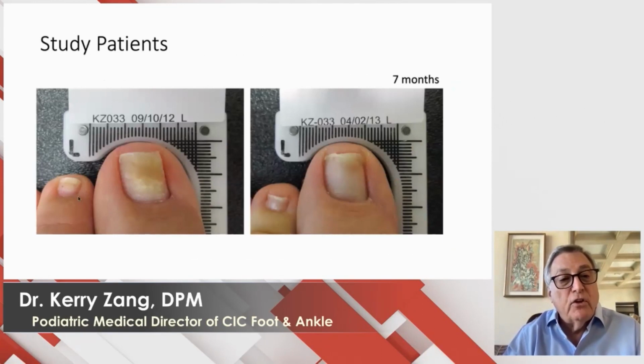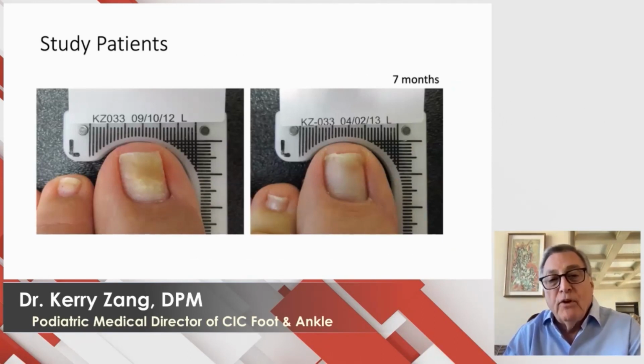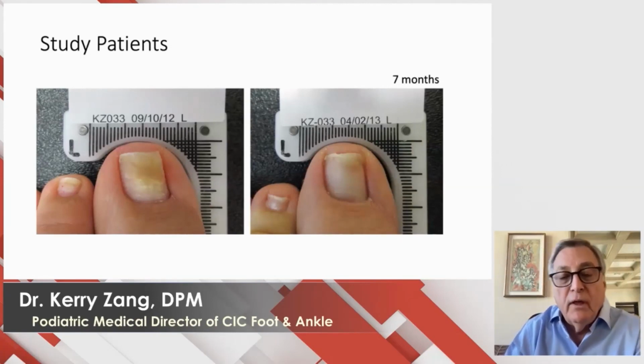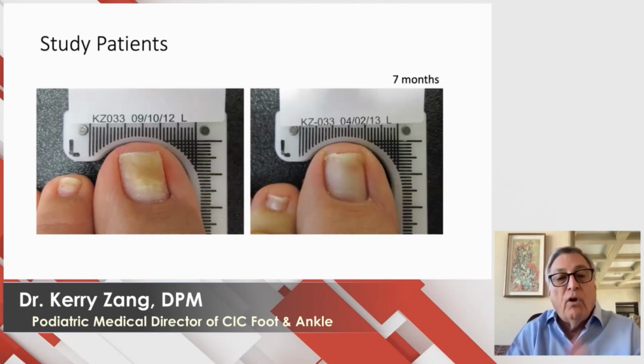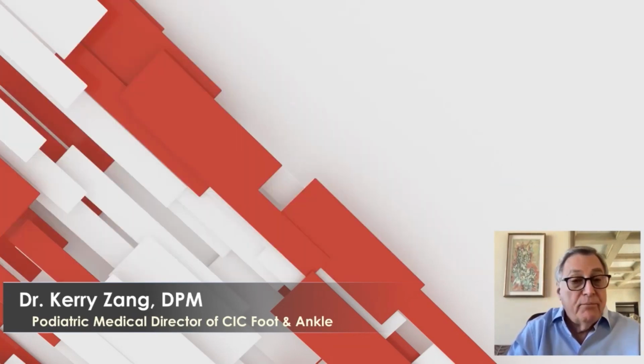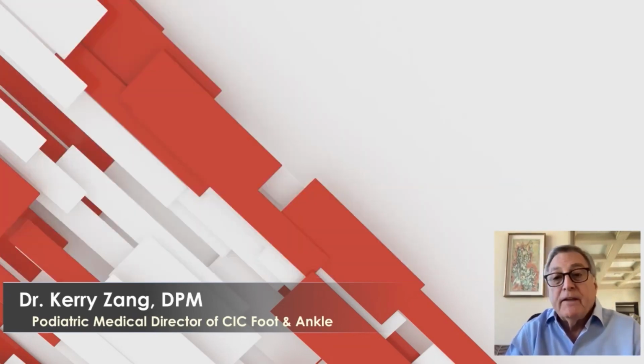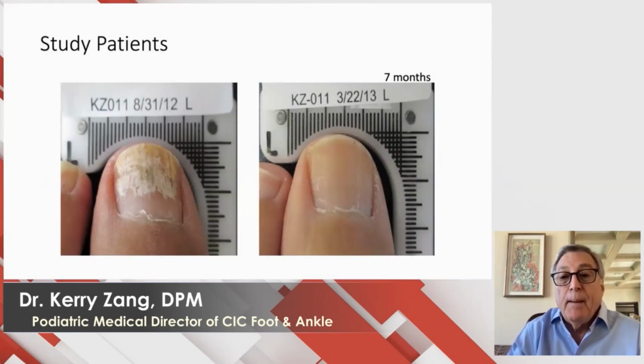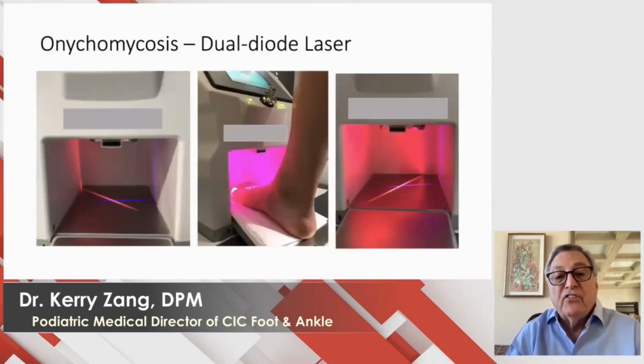These responses, and you can look at the second digit, because when we treated it, we used the great toe for the study, but we actually treated all 10 toenails. This was without any coordinated treatment. Again, these are really pretty self-explanatory, and this is safe.